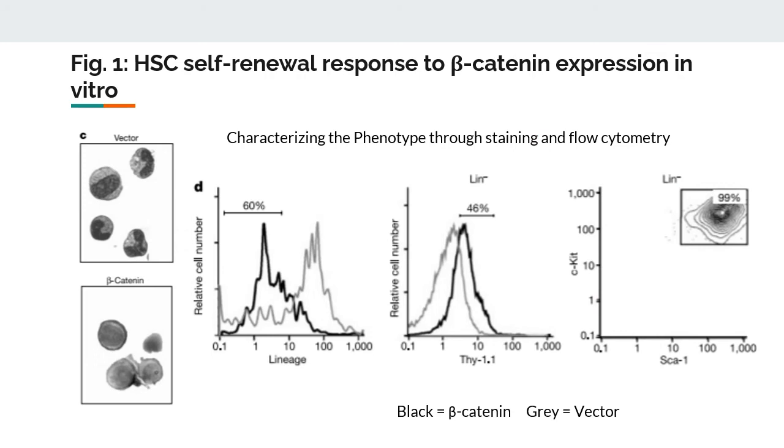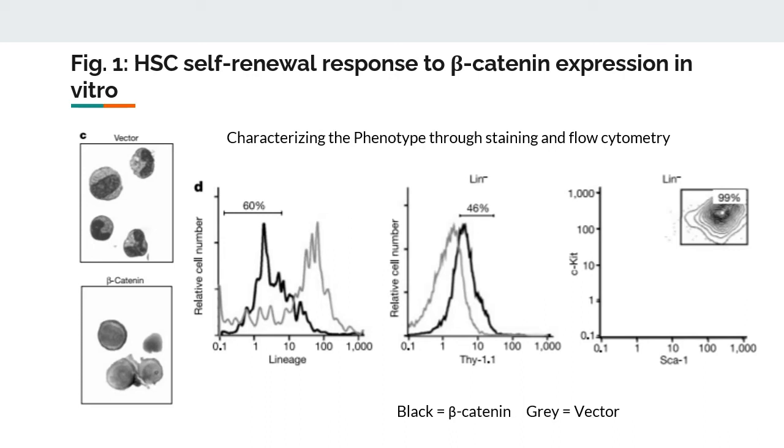So now we've moved on to the second portion of figure 1, where the researchers wanted to know, are these cells still HSCs? And to verify that, they needed to characterize the cells' phenotype, and they did it through staining and flow cytometry.